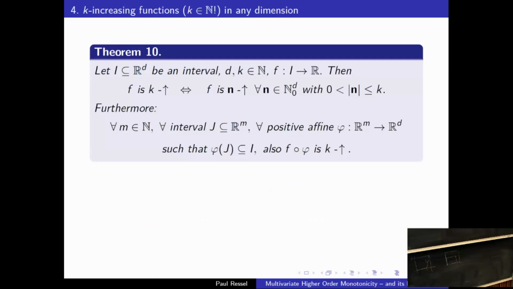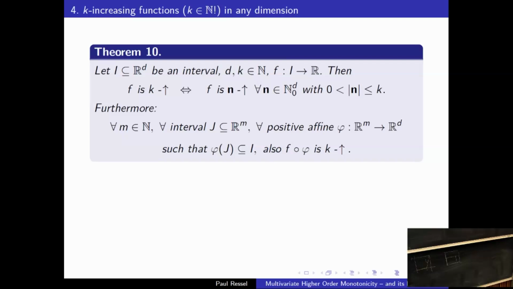Then f is k increasing if and only if f is n increasing for every vector n whose length is positive and at most k. And this is highly non-trivial, in fact, to prove. It's perhaps what one would like to have, and I also tried for a long time to, but yeah, it's simply true.